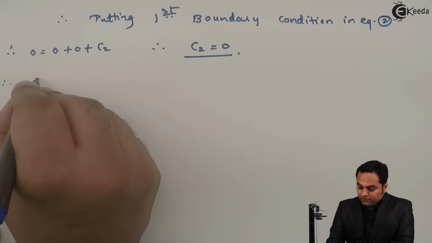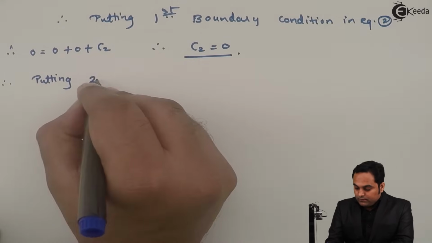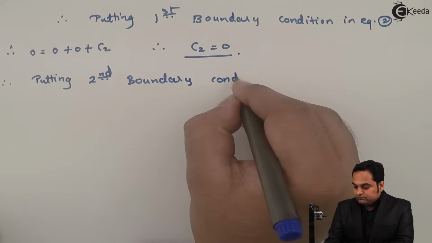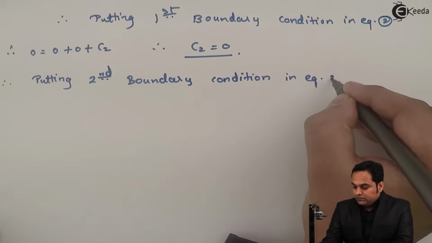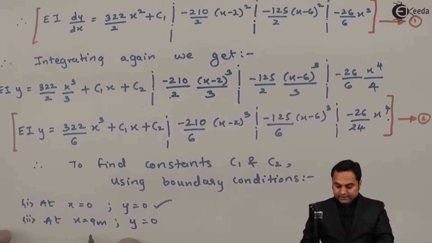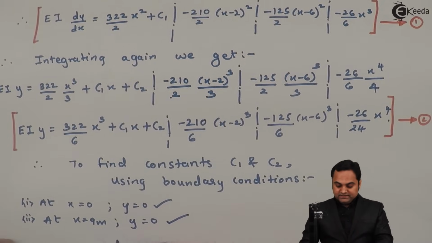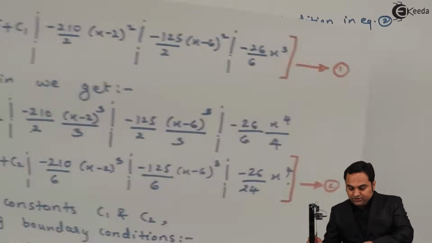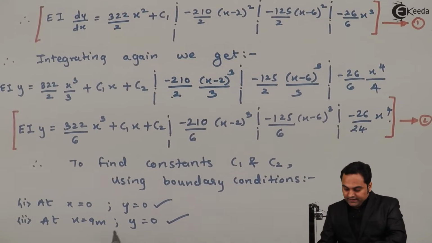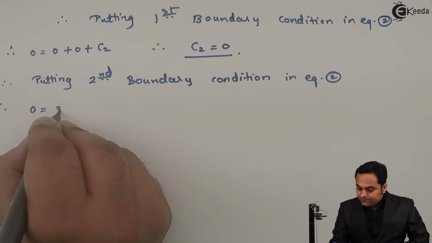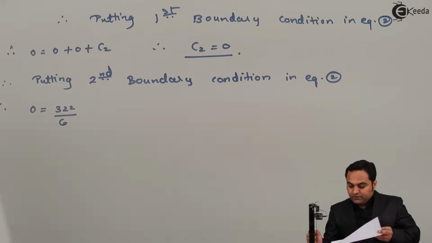So therefore, putting second boundary condition in equation second. So we have, at x is equal to 9 meter, y is 0, so y becomes 0 in equation second. It's equal to, now x will be 9 meter, so this is 322 by 6, which is as it is.